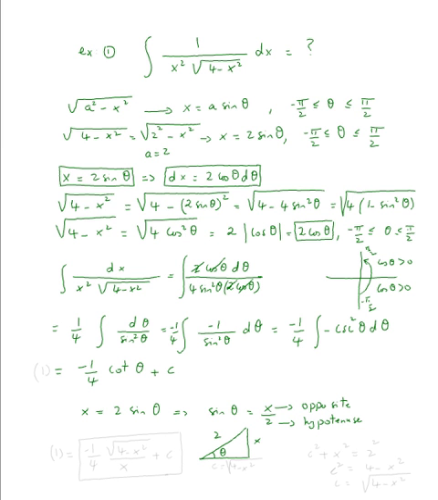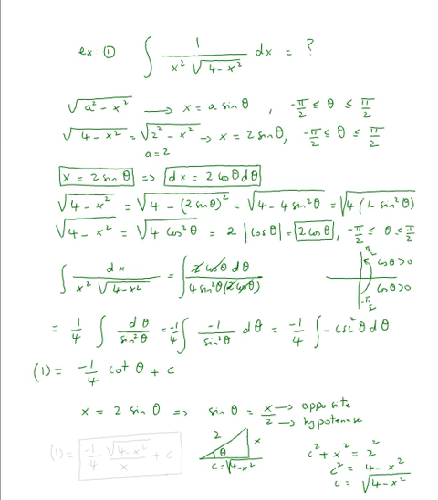Let's assume this side is c. This means that c squared plus x squared is equal to 2 squared. That's the Pythagorean theorem, which means c squared is equal to 4 minus x squared. So c is equal to square root of 4 minus x squared. Now let's call the integral that we evaluated number 1.